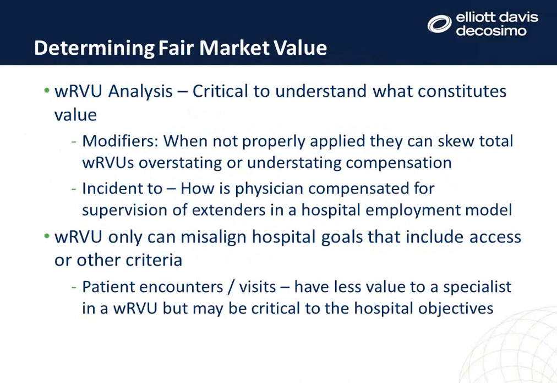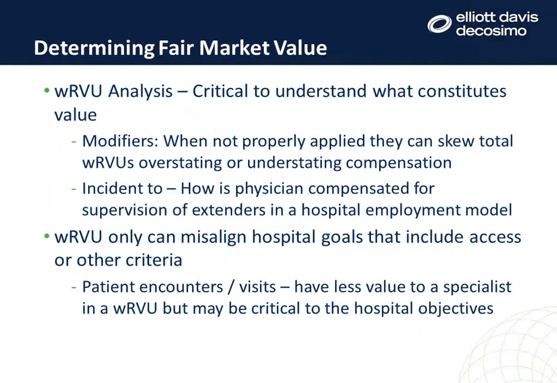One consideration is to include patient encounters and office visits. If an individual surgeon is making all of his money off of RVUs in the operating room, he's going to figure out how to minimize his time in the office.